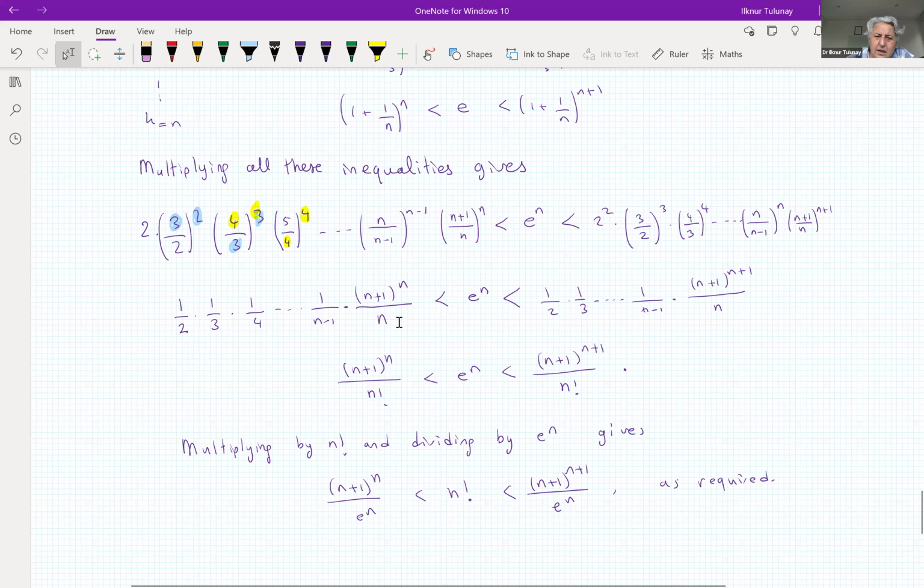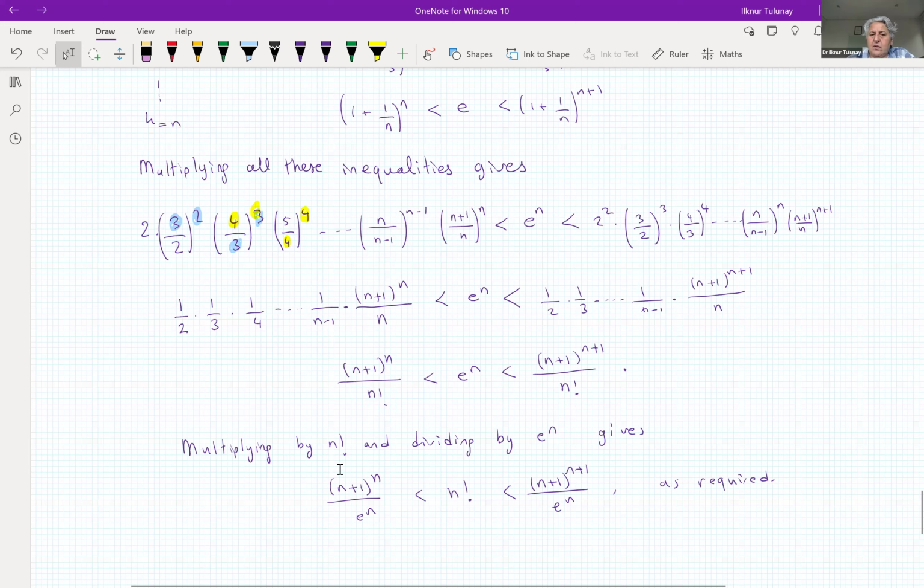But in the denominator, we have 2, 3, 4, up to n minus 1, n. That is n minus 1 factorial. And here, again, I have n minus 1 factorial.